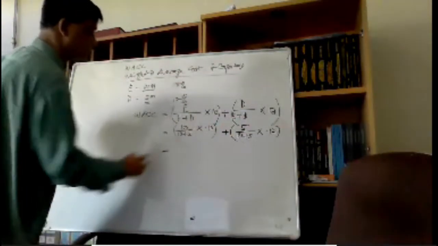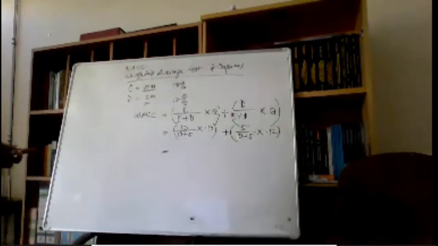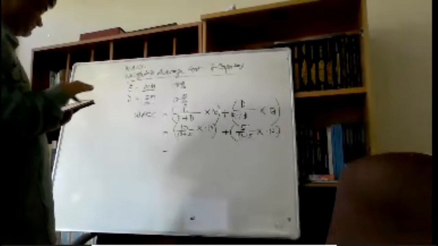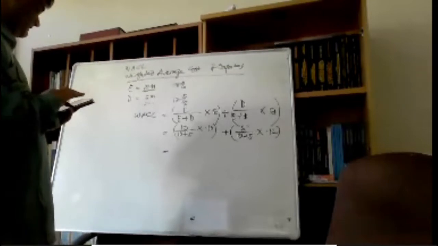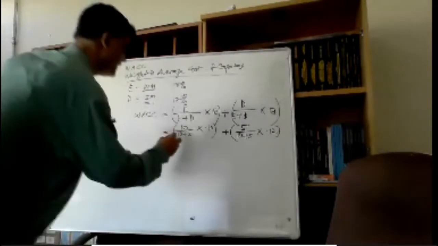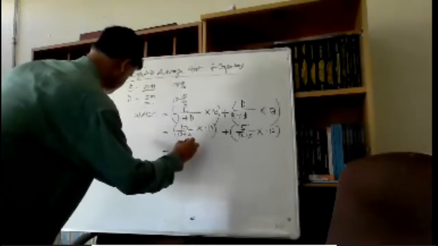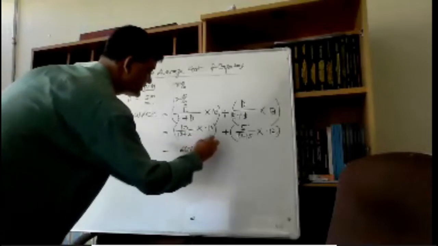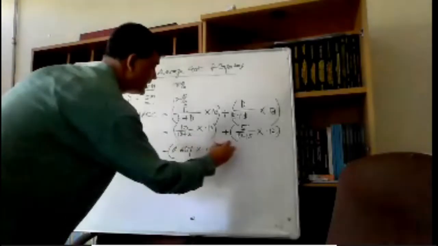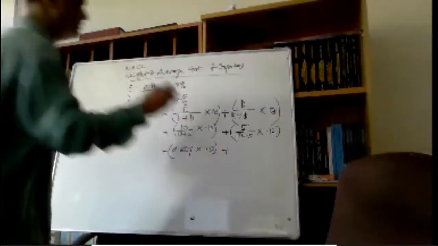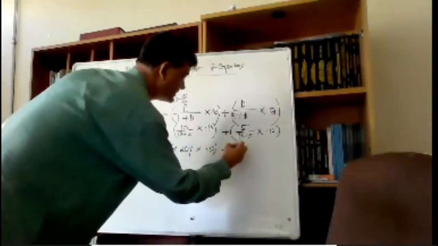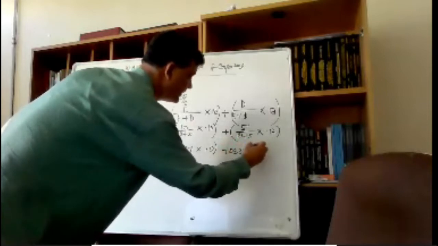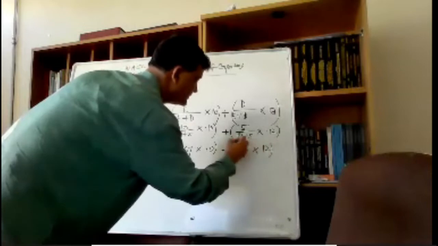So for equity, 10 million divided by 15 is 0.66. And for debt, 5 divided by 15 gives 0.33, multiplied by 0.12.